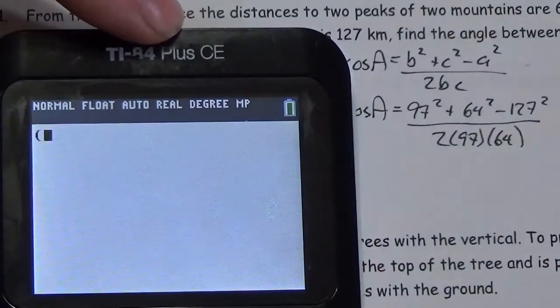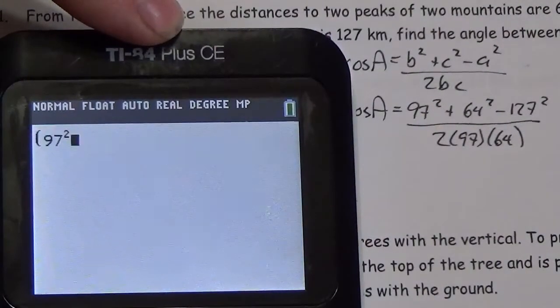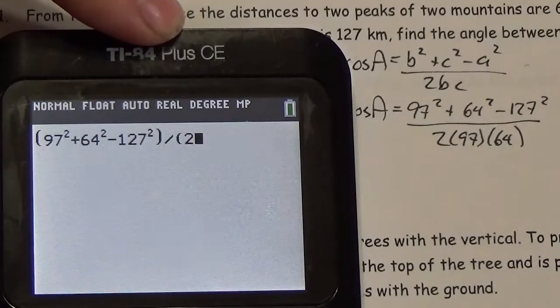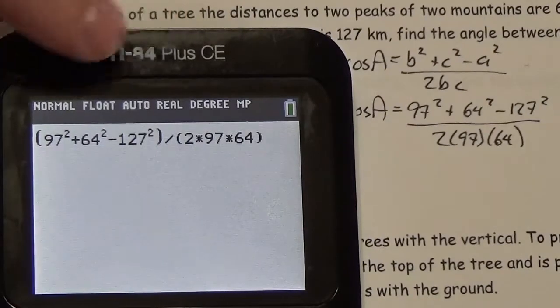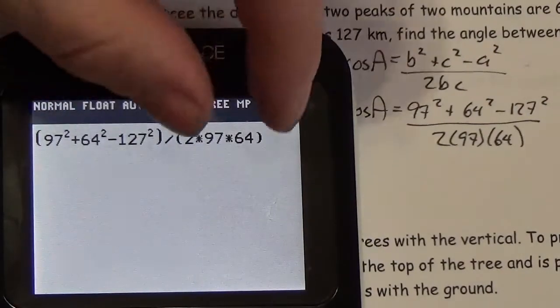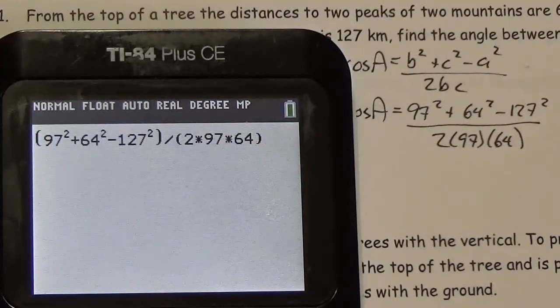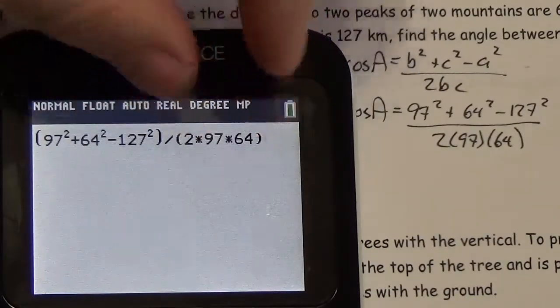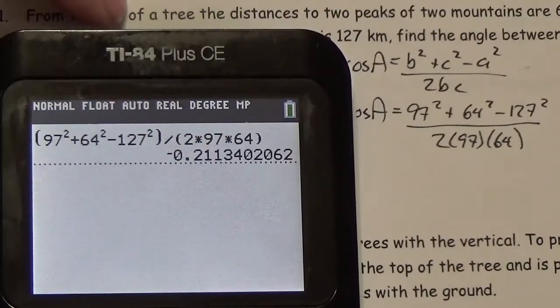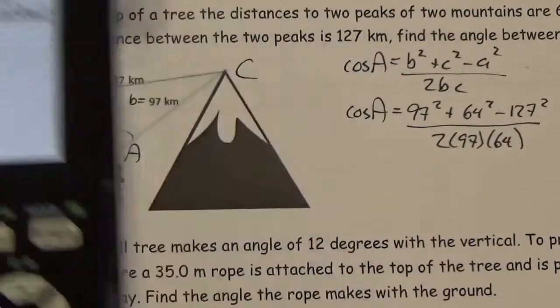In parentheses, 97 squared plus 64 squared minus 127 squared, divided by bracket 2 times 97 times 64. Remember the parentheses are there so that the calculator knows to do this part and this part first and then do the division. And when I do that, I get negative 0.2113 and so on and so forth.